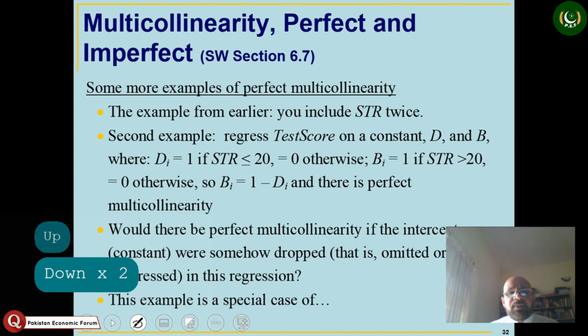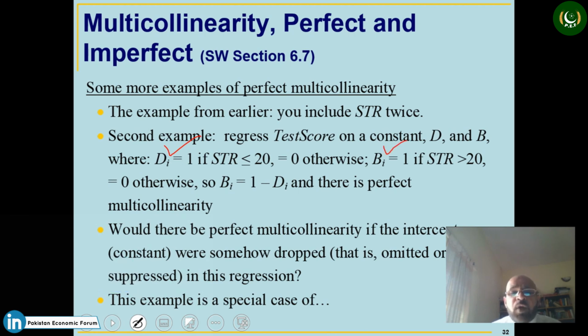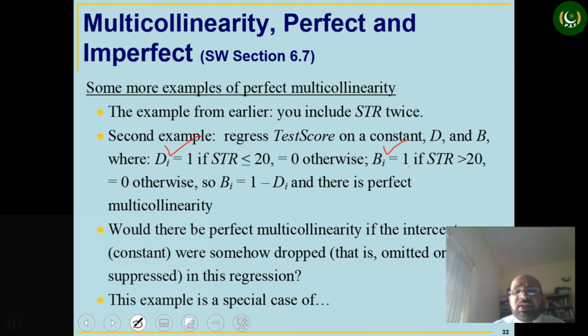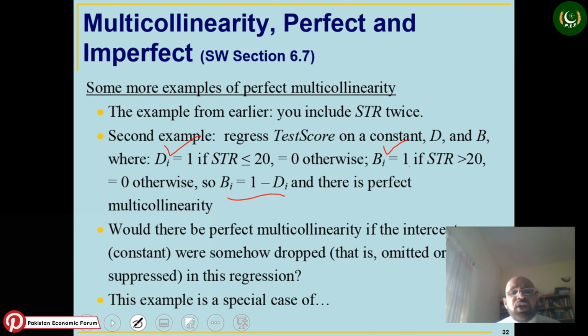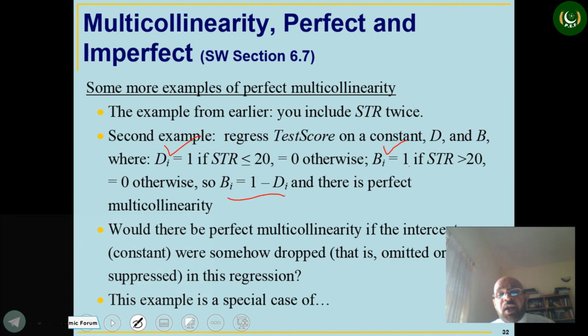Multicollinearity we discuss. That, for example, if you have student-teacher ratio less than 20, D equal to 1, and student-teacher ratio greater than 20, B equal to 1, now your B is basically 1 minus D, so there is perfect multicollinearity. So one dummy should be less than total number of categories. Why?